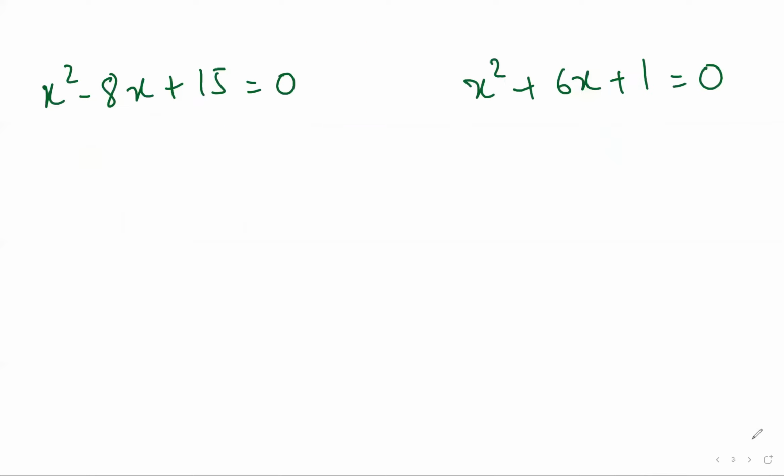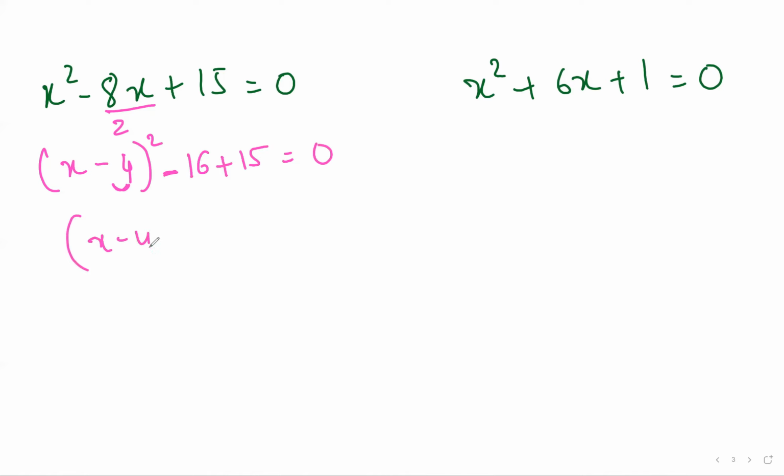Let's go to the next part. Same thing, half of this. So (x − 4)². Square of this, whether it is minus or plus, we will put the sign minus only. 4 squared is 16, plus 15 is equal to 0. So (x − 4)² minus 1 is equal to 0.